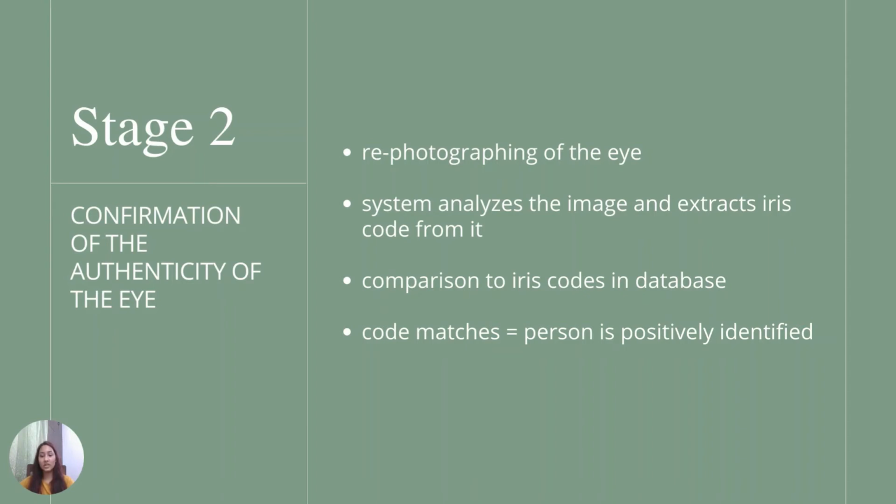It starts the procedure for comparing hundreds, thousands, or even millions of iris codes available in the database. If the code matches one of the codes entered in the database, the person is positively identified. If it fails, this means that the snapshot is not familiar to the system or the person is merely trying to counterfeit who they are.